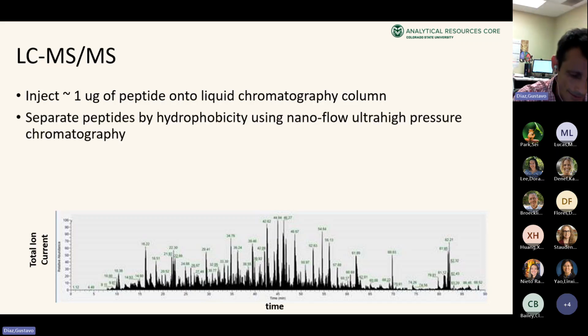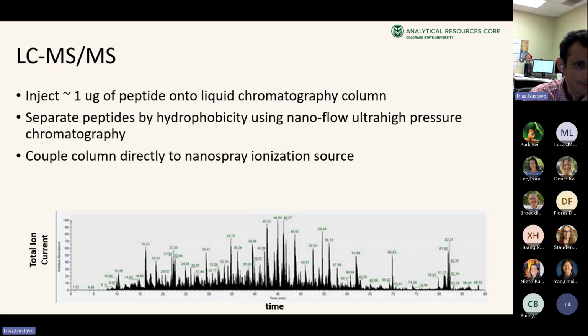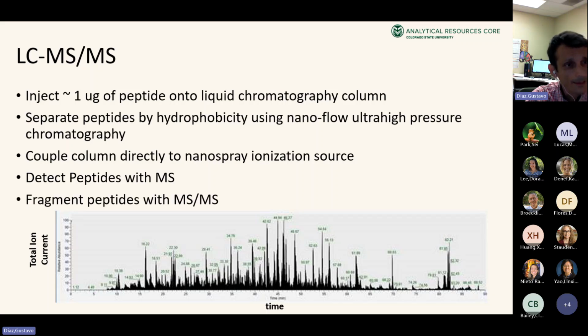And then the sample is separated. Those peptides are separated by hydrophobicity, and then they are generally coupled to an ionization source. The ionized peptides are first analyzed with one cycle of mass spectrometry, and some of those are going to be selected to be fragmented to produce MS2 spectra.